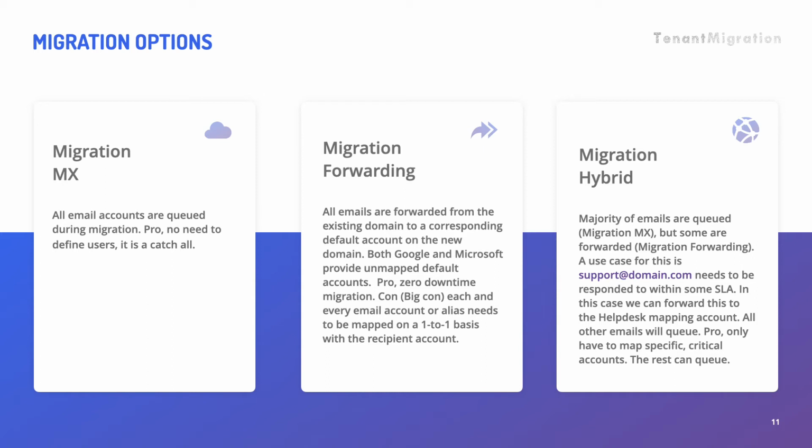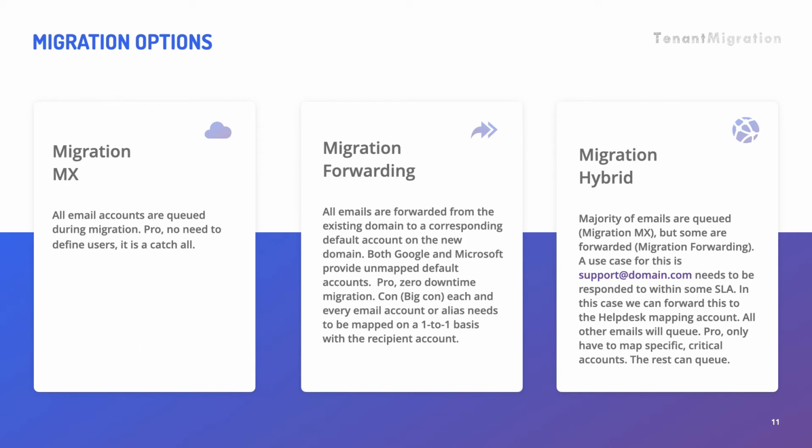The pro is that it has zero downtime, so you can do a migration and emails will continue to run. The con is that you do need to map each one of the addresses and aliases on a one-to-one basis, and if emails are not mapped correctly, they will get rejected. We also support a hybrid migration, which is a blend between MX and email forwarding.